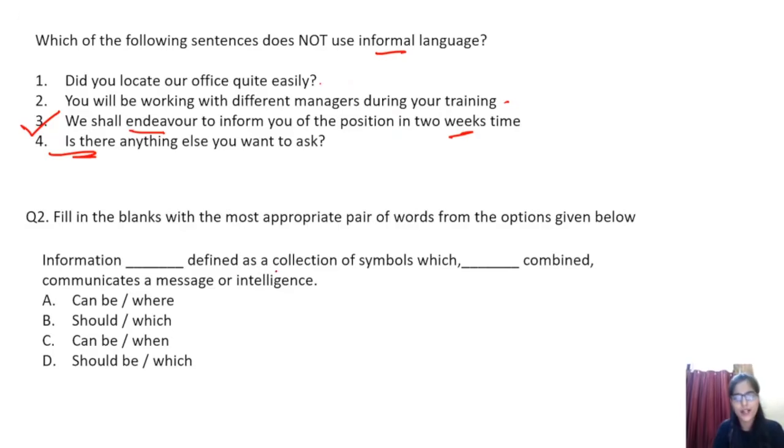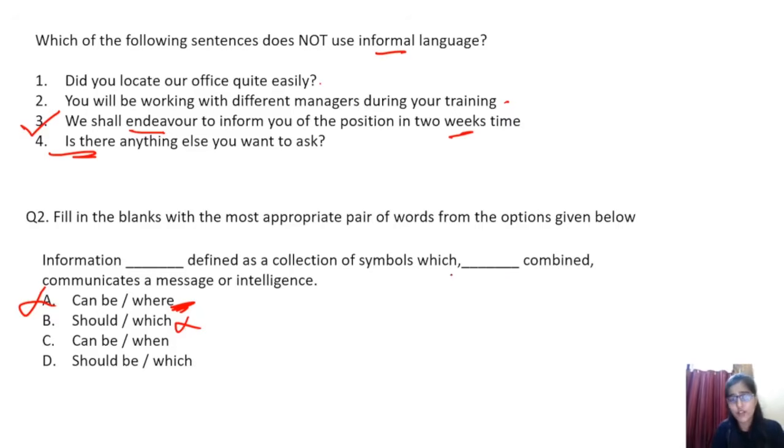Information dash defined as a collection of symbols which dash combined communicates a message or intelligence. Well, if you go to the "can be" part, information can be defined as a collection of symbols which were combined. Just by elimination also, this is not making sense, so option A is not correct. Information should define as a collection of symbols which... okay, that's not making sense.